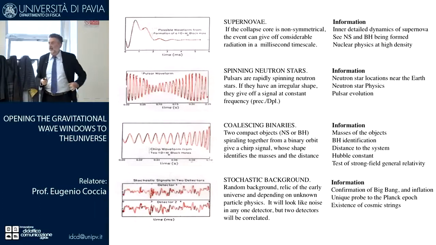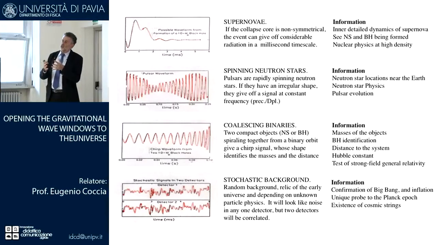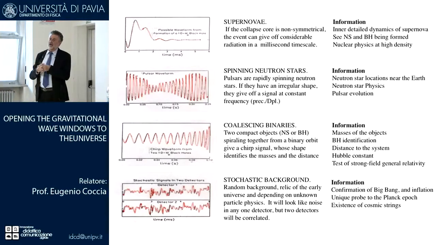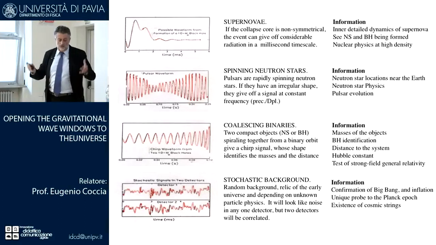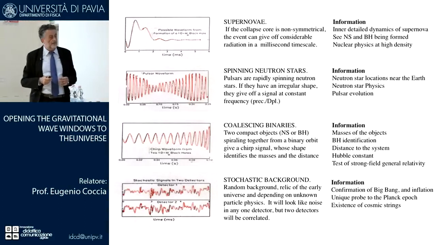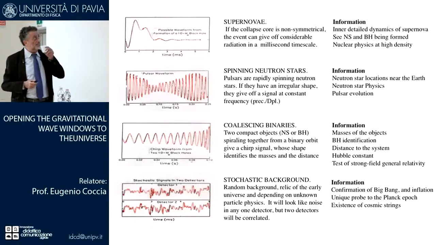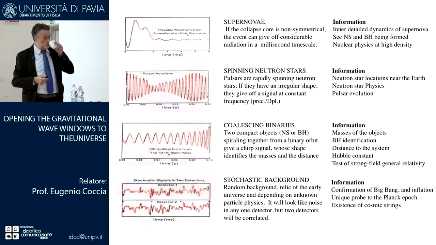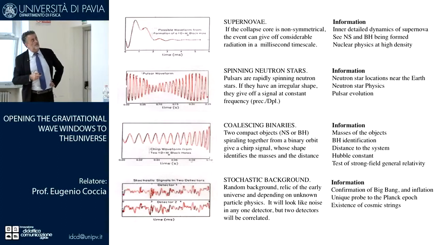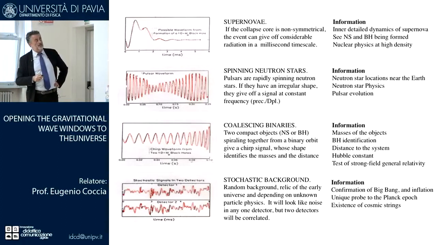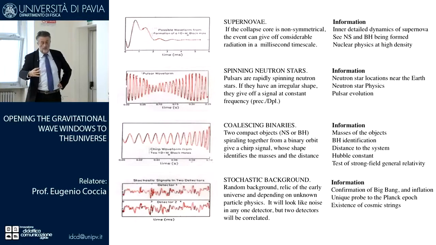Astrophysical sources like, well, everything which accelerates and has a quadrupole moment will generate gravitational waves. For instance, in a supernova, which is the explosion of a star, then on a millisecond time scale there will be a sort of burst, an impulse, millisecond duration, which will propagate, giving this information.